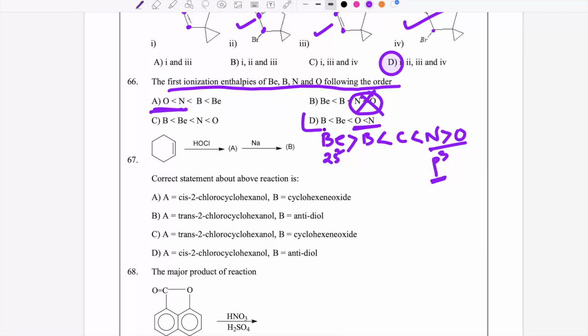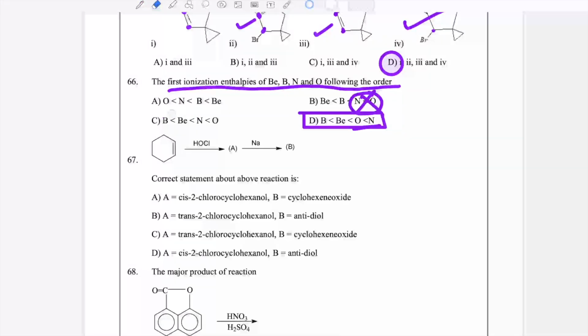So obviously the answer for this question is option D. Because beryllium and boron are bigger atoms, oxygen and nitrogen are smaller atoms. So therefore theirs will be more, so obviously this is our answer. The answer for this question is option D.